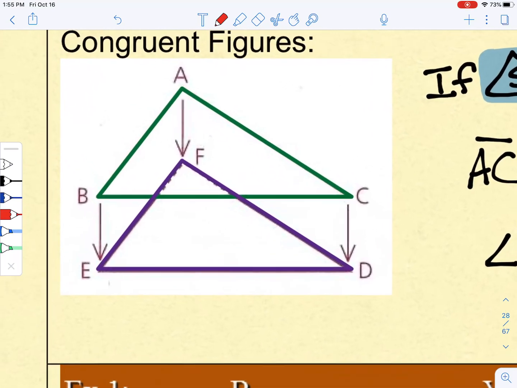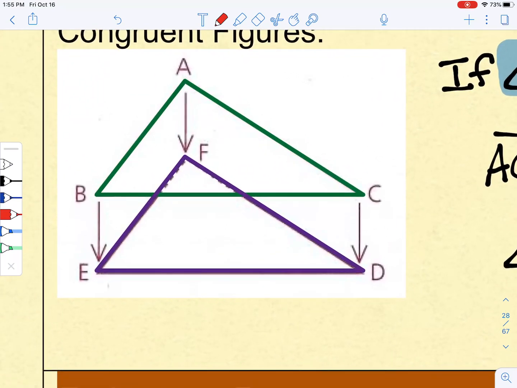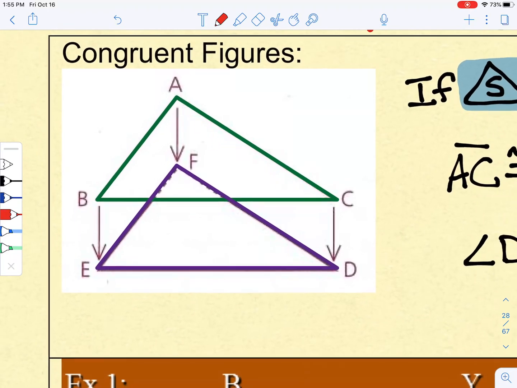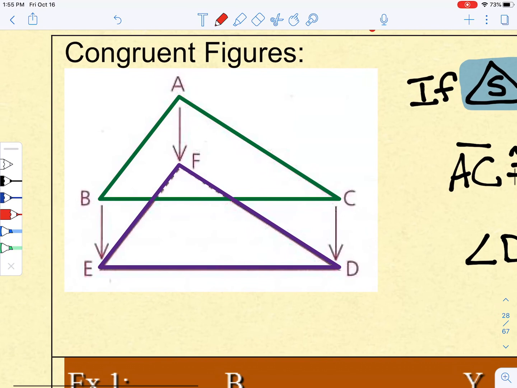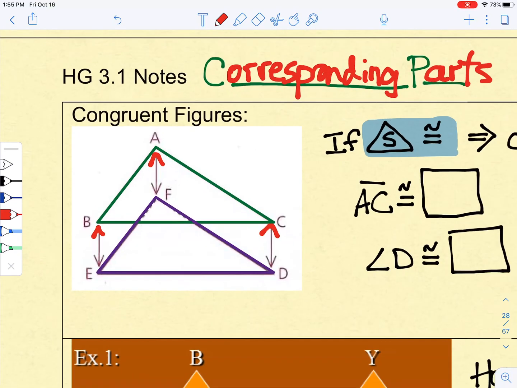All right, hopefully you see in here a diagram of two triangles, kind of sitting one on top of the other, elevated. And we can see that they look pretty much the same. And furthermore, we have arrows that indicate corresponding angles.